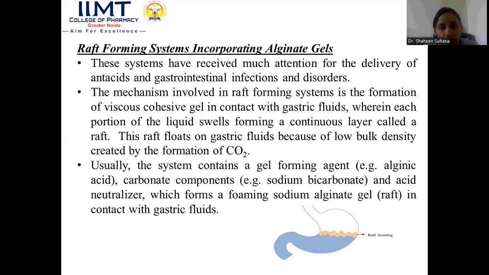The mechanism involved in the raft forming system is the formation of a viscous cohesive gel in contact with the gastric fluid, wherein each portion of the liquid swells and forms a continuous layer which is known as the raft. This raft floats on the gastric fluid because of the low bulk density created by the formation of carbon dioxide. Usually the system contains a gel forming agent, alginic acid, carbonate components such as sodium bicarbonate, and an acid neutralizer, which forms a foaming sodium alginate gel or raft in contact with the gastric fluid.